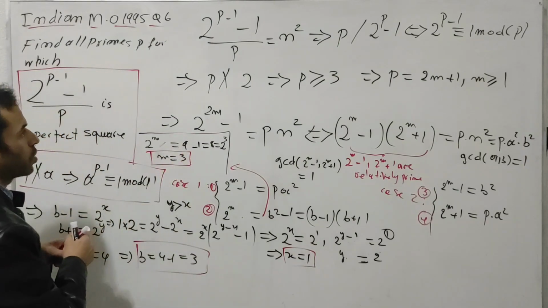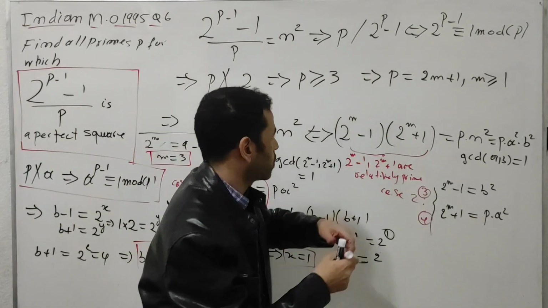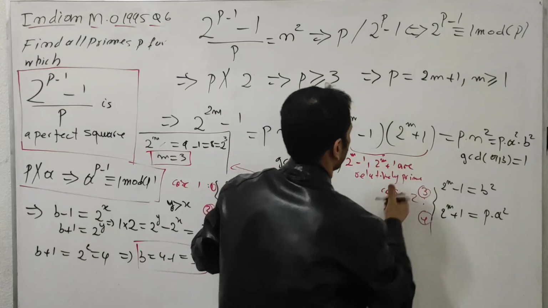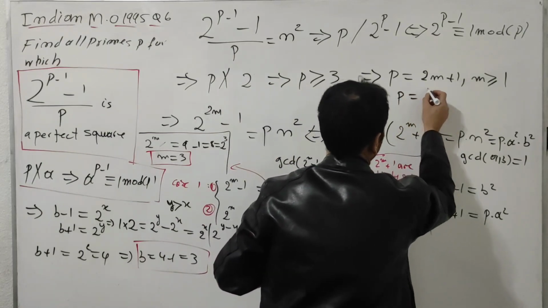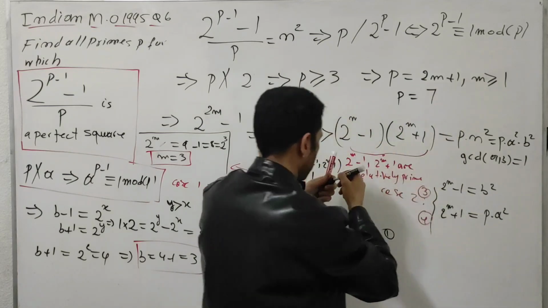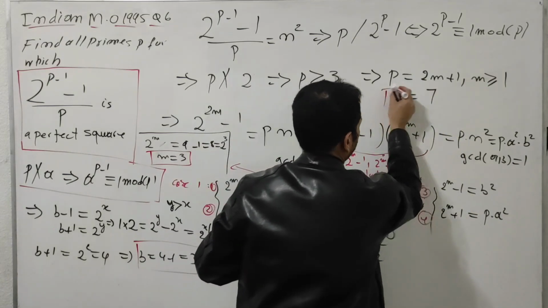Since m equals 3, I'm going to replace m with its value. I will have p, as a prime, equals 2 multiplied by 3, which is 6, plus 1, which is 7. Now I found the first prime.